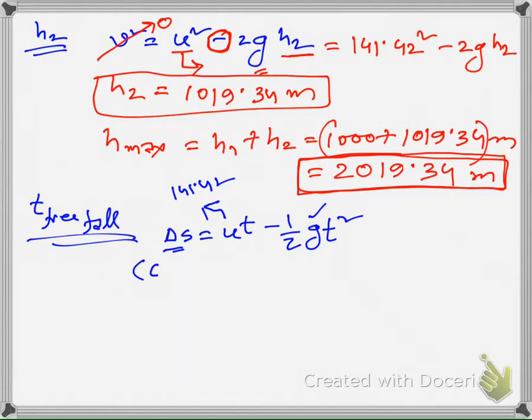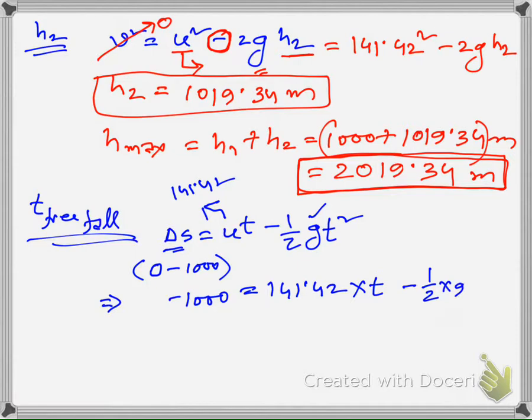The final displacement is the ground, which is 0, minus the initial point. Now we are at 1,000 feet height, so that will be the delta s. If we simplify, we get negative 1,000 equals 141.42, that is our initial velocity at 1,000 feet, multiplied by time, that's what we're looking for, minus half into 9.81 into t square.